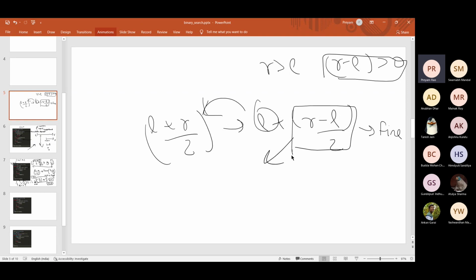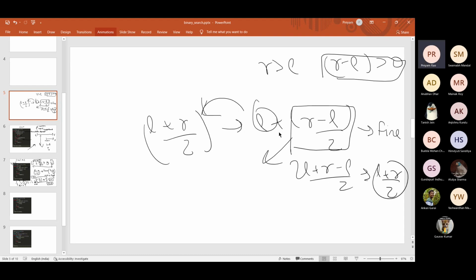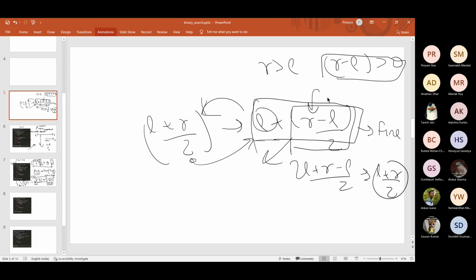Because you can write it as 2R plus L minus 1, which is equal to L plus R by 2. Right? These both are the same functions, but we can write this function as this little complicated version of this, simply because with negative numbers, the rounding down part does not work as normal.